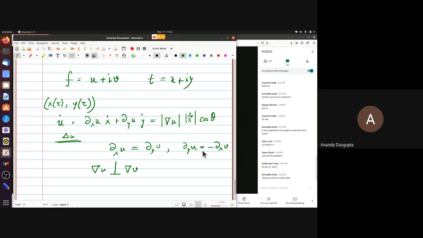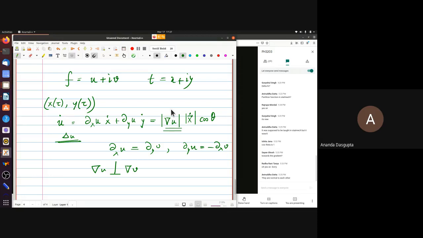Now, if I manage to change the real part very, very rapidly, that is, you're close to a maximum. Remember, grad u dictates the rate at which the thing is going to change. The gradient tells you how fast it is going to change. The bigger the gradient, the faster it is going to change, right? So if you want to figure out a situation where you get the maximum change, then when you are looking at u being at a peak, what will you do?